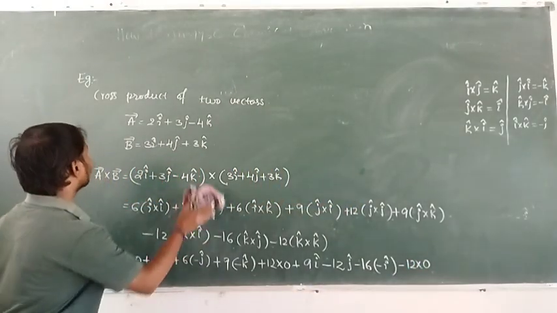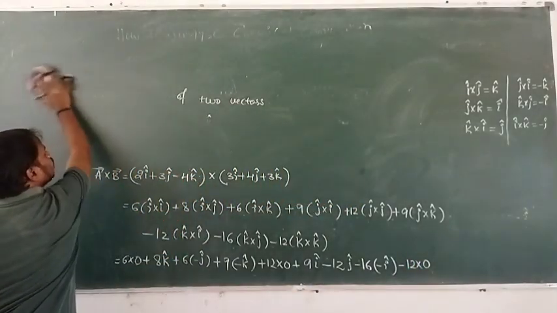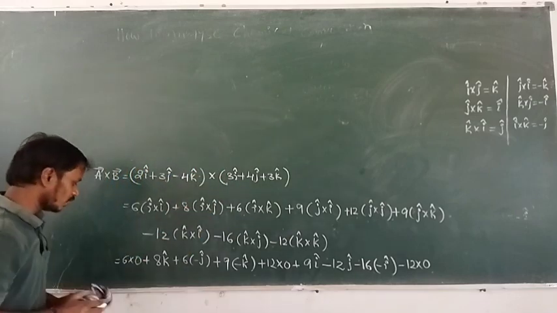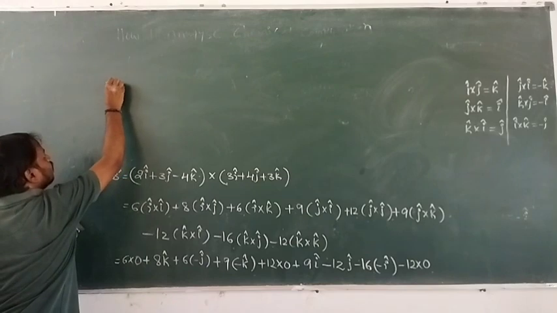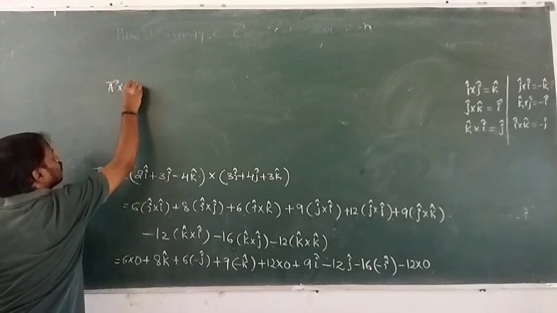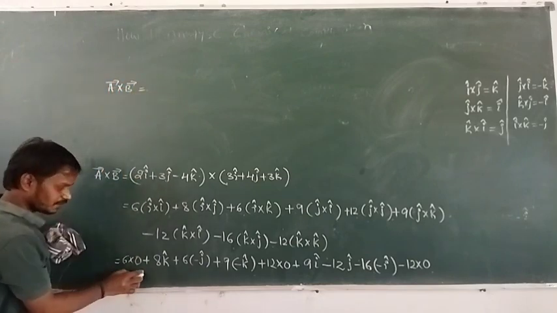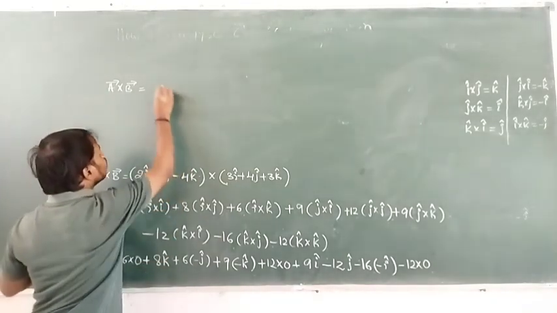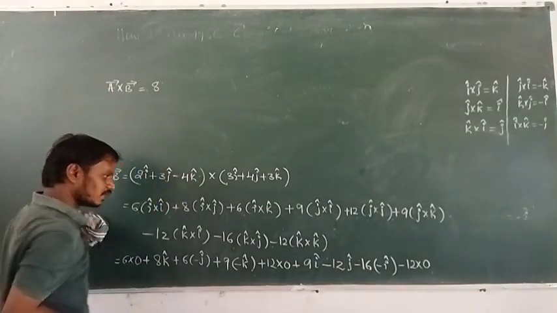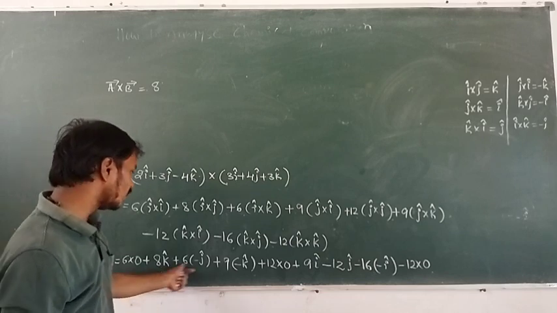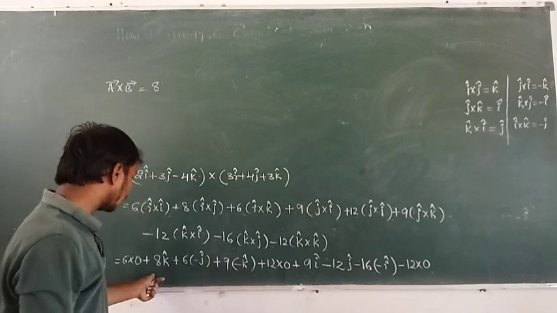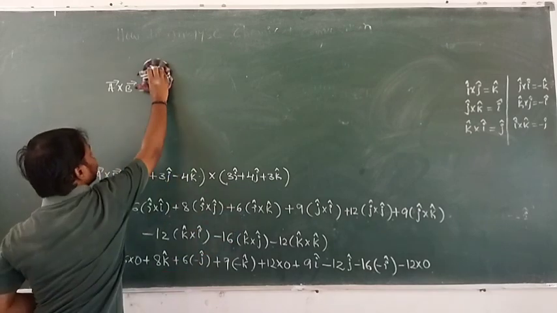Then on solving this, we will get A cross B equal to 6 into 0, 0, then 8k. How many k's are there? 2. 8k minus 9k, that can be written as minus k cap.